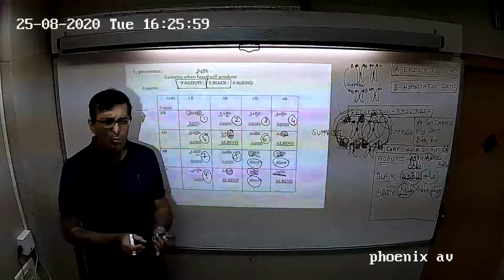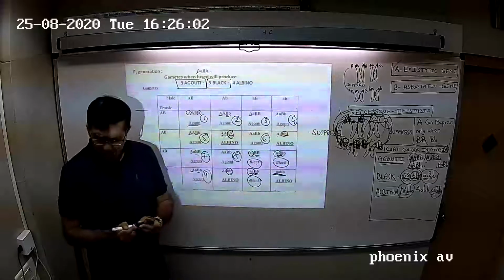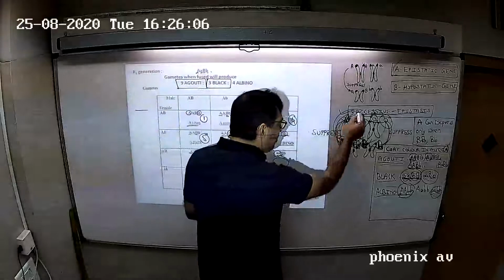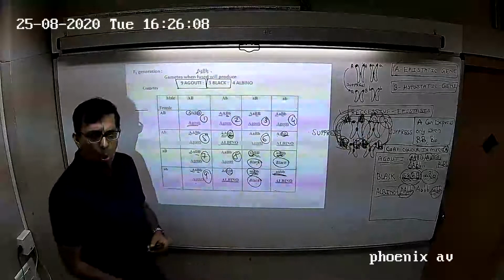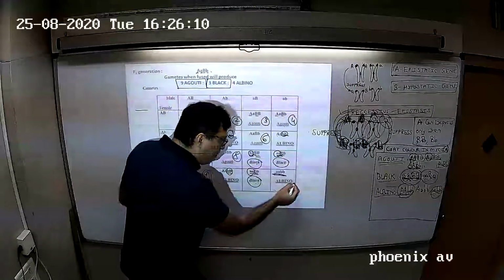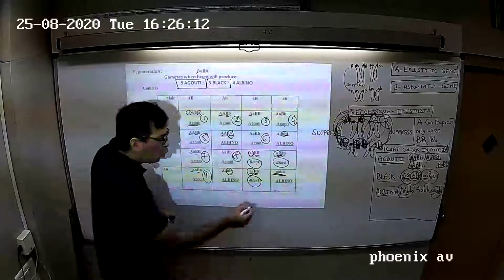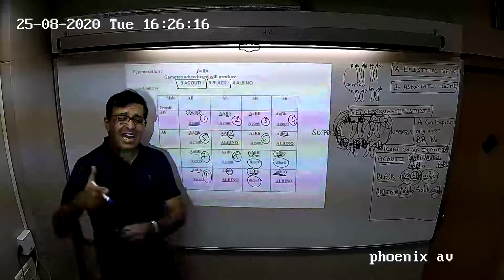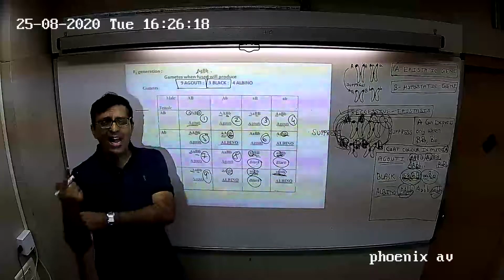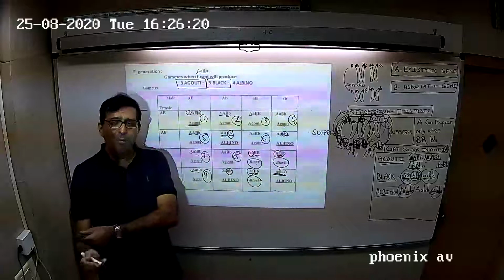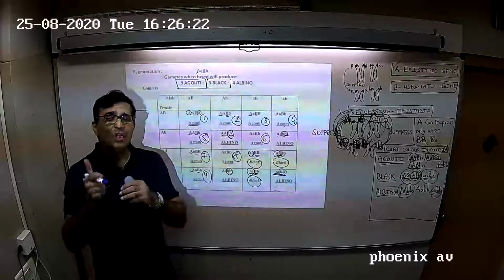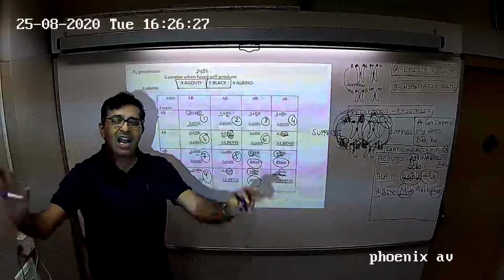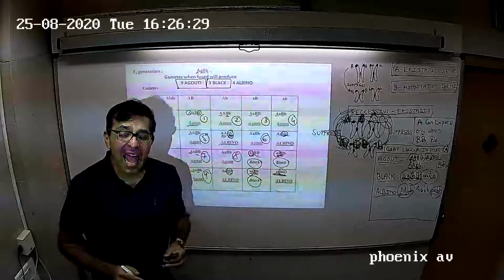And by the way, small a should give black, but small b will again show recessive epistasis. So what will it still become? Albino. So small b gives albino again. So whether it is capital A or small a, if small b is there, what will the color become?